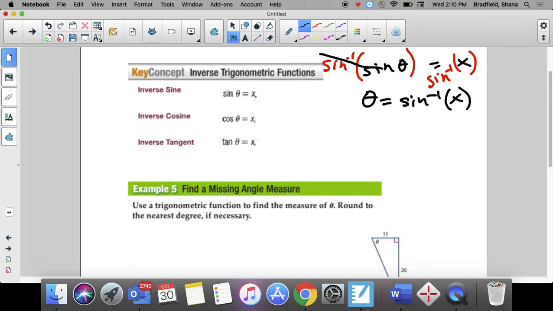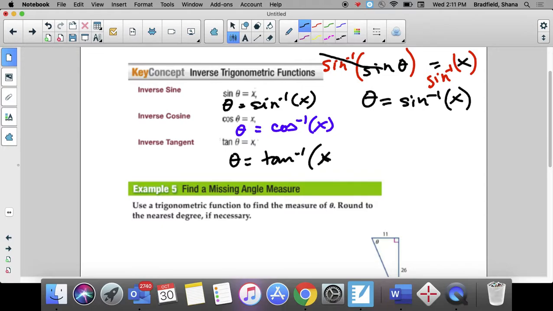So the inverse sine would be theta equals sine inverse of x. For inverse cosine, theta equals cosine inverse of x. And for tangent, theta equals the tan inverse of x. So again, you only use the inverse function when you're solving for an angle measure.